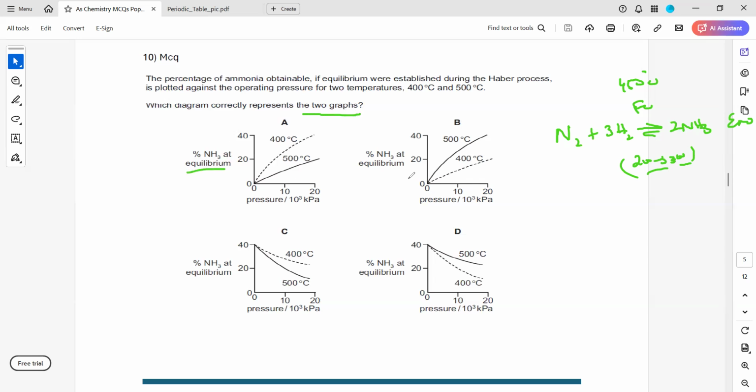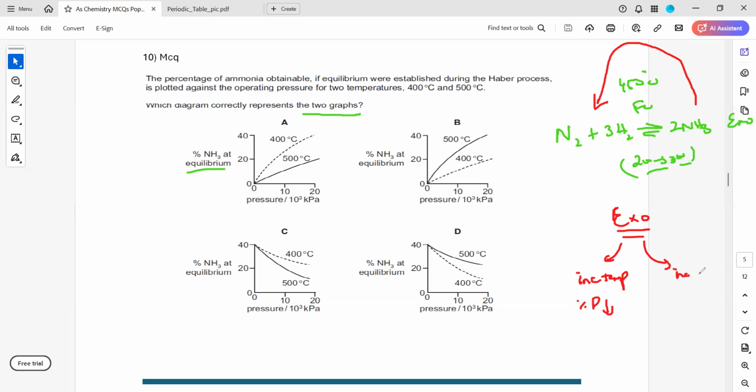First, what will happen? Because the reaction is exothermic, if we increase the temperature, the yield will decrease. For exothermic reactions, if we increase the temperature, the yield will decrease. So we'll have a lower yield at a high temperature, and a higher yield at low temperature, because whenever a reversible reaction is exothermic, when you increase the temperature, equilibrium will shift towards the left, or the percentage of the product, the yield, will decrease.